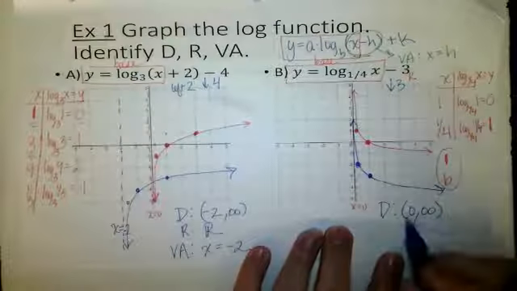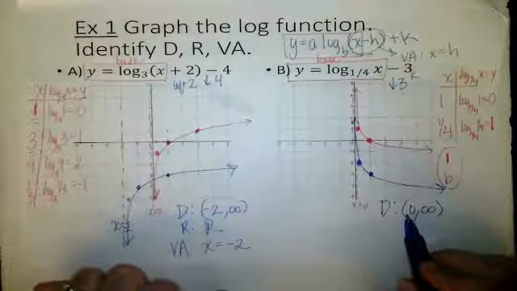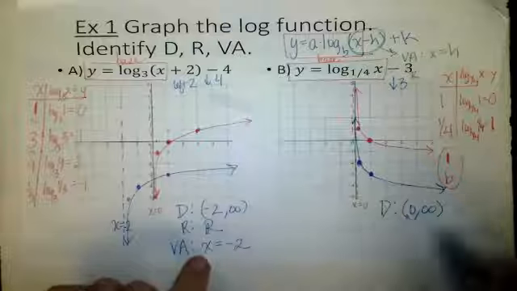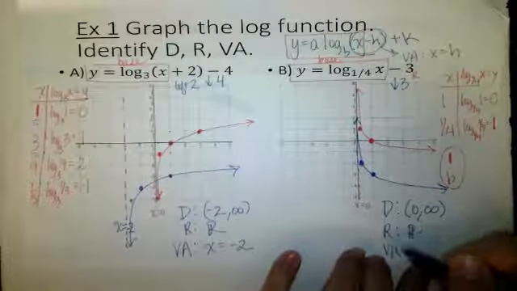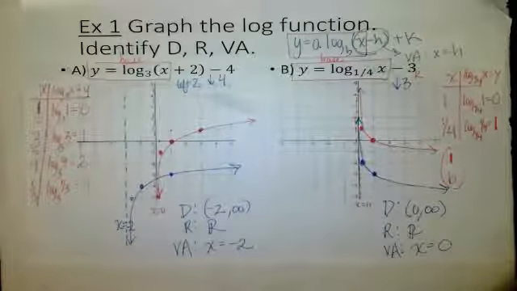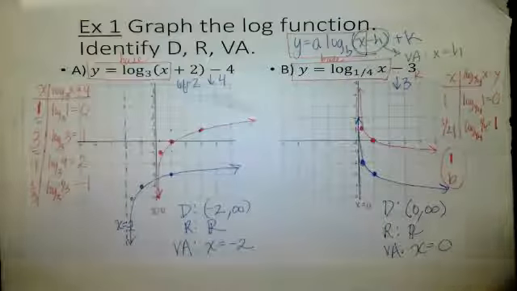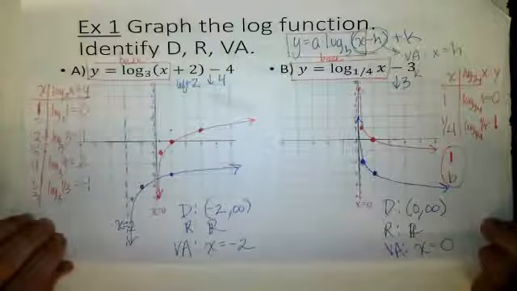You'll notice I'm using parentheses there. Why parentheses and not brackets? It doesn't exist. It can't equal because we have an asymptote, right? Good. The range is all real numbers, and our vertical asymptote is at x equals 0 for this one. So watch that shape of those graphs. Any questions on graphing?